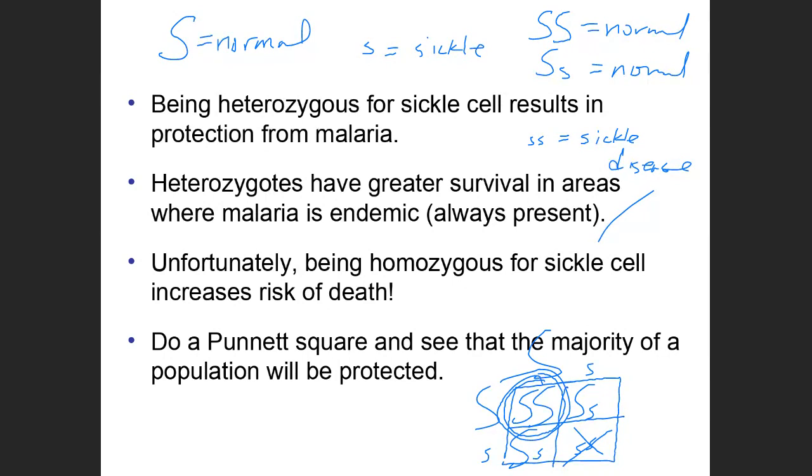Because malaria is not as big of a problem as it was during the evolution of humans. Now we have good ways to deal with mosquitoes and other medical treatments for malaria. So the sickle cell trait is less beneficial today than it used to be, only because malaria is not as bad of a problem as it used to be. It's still a problem, but it's not as bad.